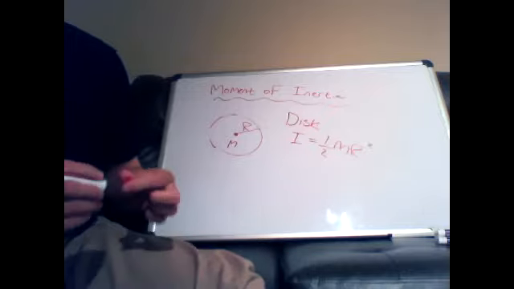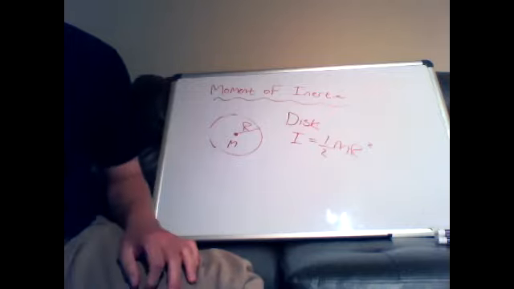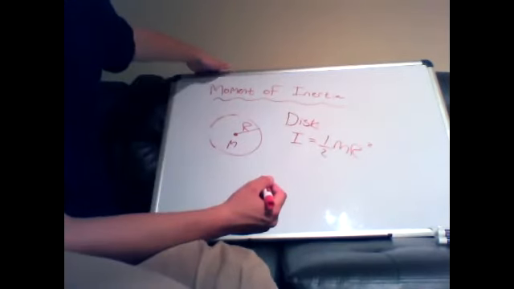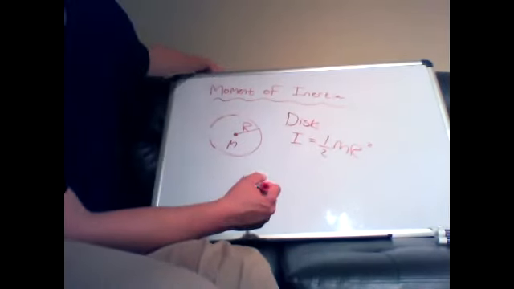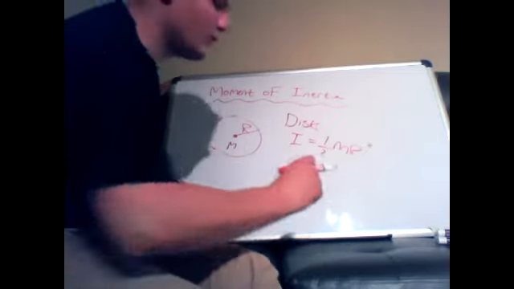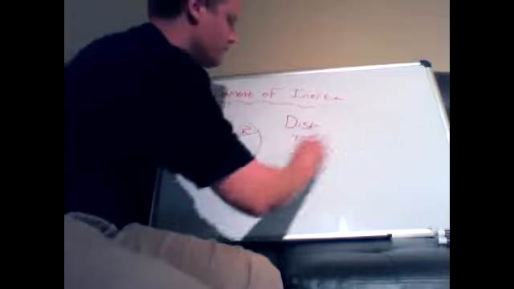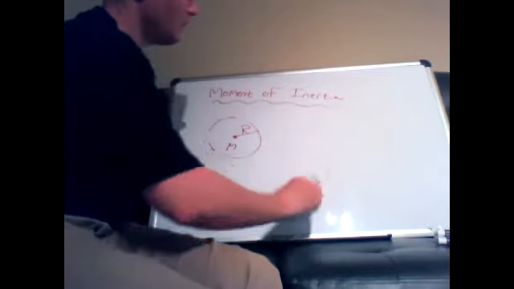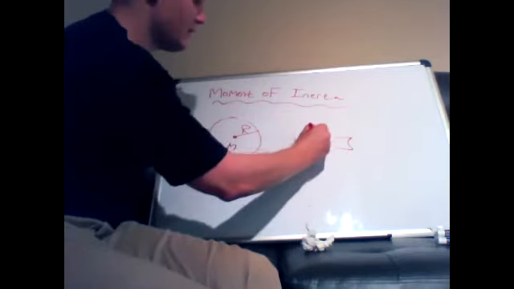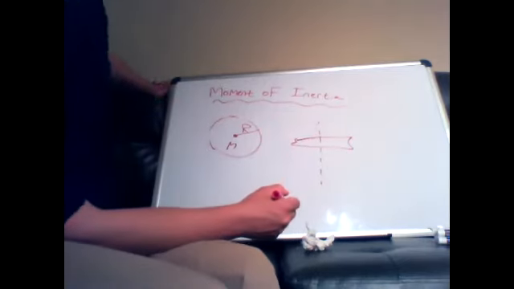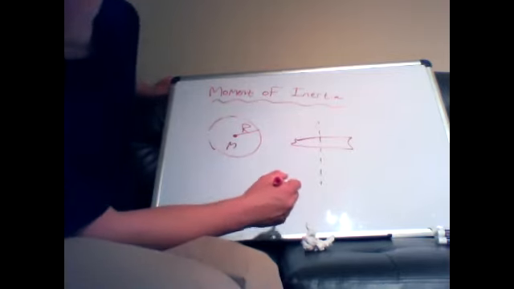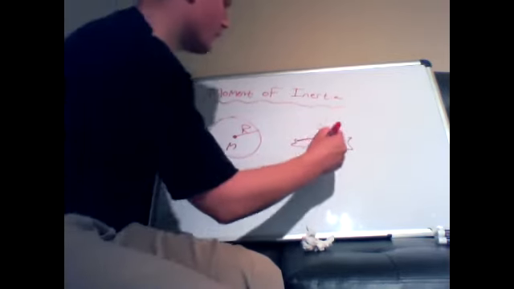Another common one might be a thin rod, so actually I have to look this up because I don't know. But a thin rod, it depends on where the axis of rotation is. So for instance, a thin rod like this, if its axis of rotation is right down the middle, it's going to have a moment of inertia of 1/12 mL squared.